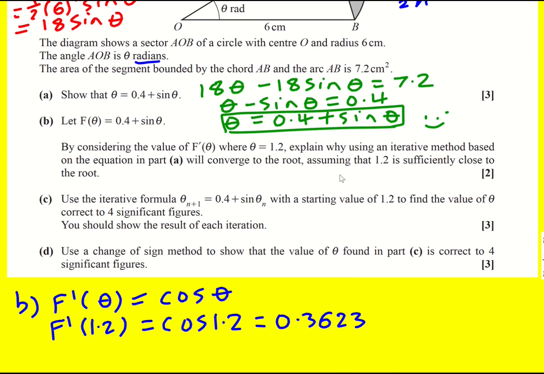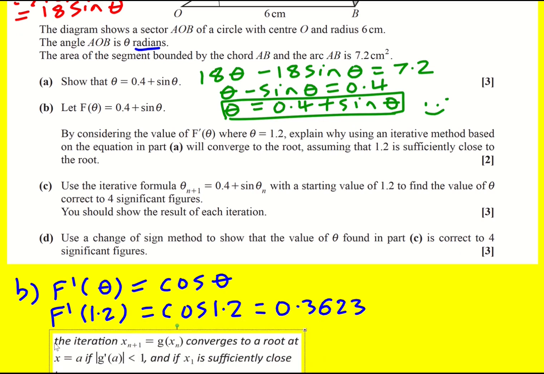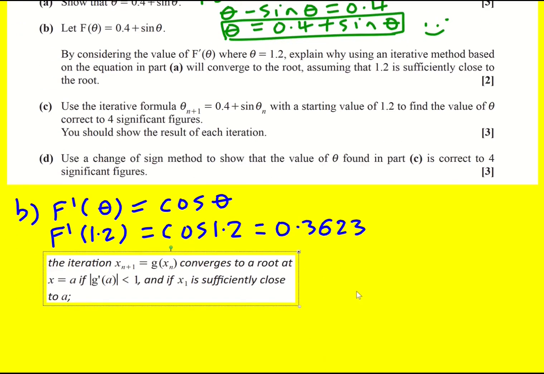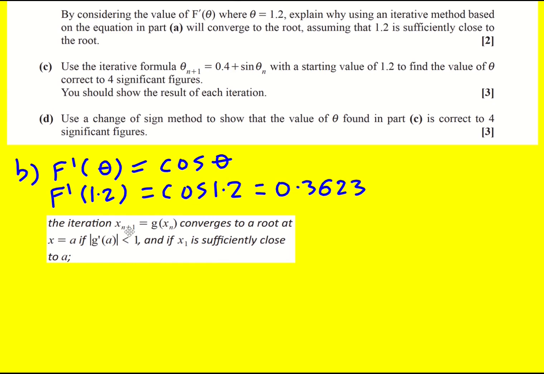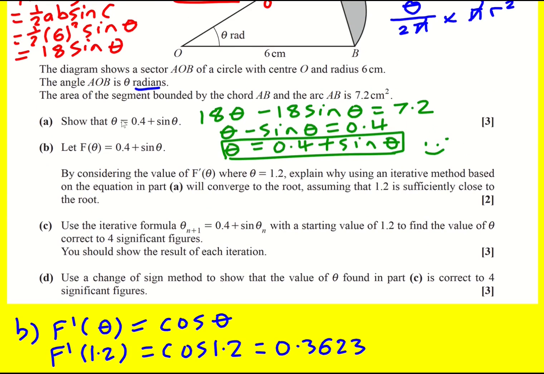So the question is, why would this mean that we can use an iterative method based on the equation in part a to converge to the root, assuming 1.2 is sufficiently close to the root? Well, it all comes down to something in the new specification, which says that the iteration x n plus 1 equals g of xn, which is very similar to what we actually have up here.